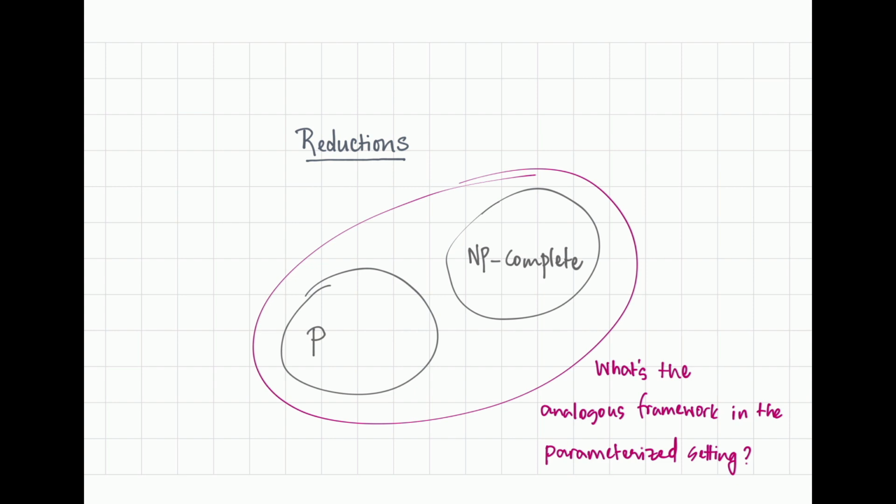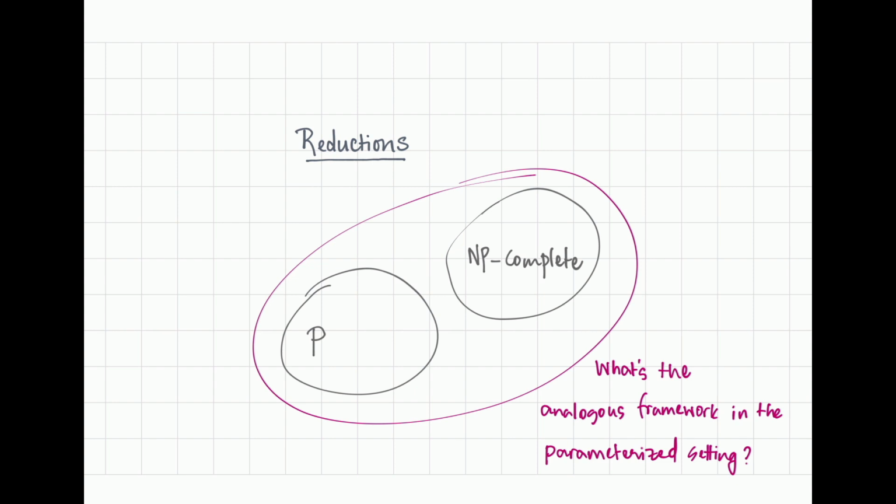Now, in the classical setting, you're already familiar with the classification of problems into classes like P, NP, NP-complete, and so on. And the theory of NP-completeness gives us a nice rigorous framework to talk about when a problem is unlikely to admit an efficient polynomial time algorithm.